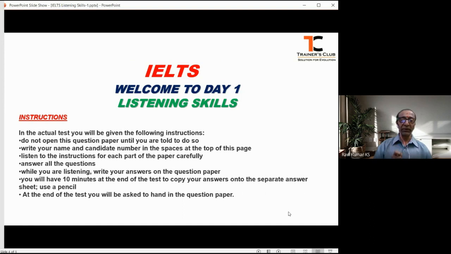Then write your name and candidate number in the spaces at the top of this page. In each and every question paper, there will be a space in which you have to mention your name and your membership number, that is, the candidate number. In other words, when we write board exams or university exams, we write hall ticket numbers.